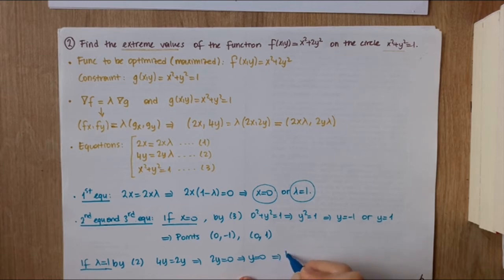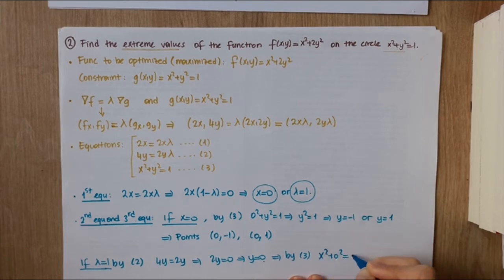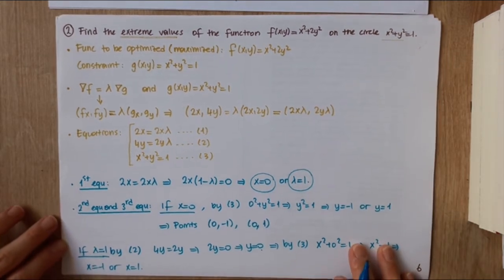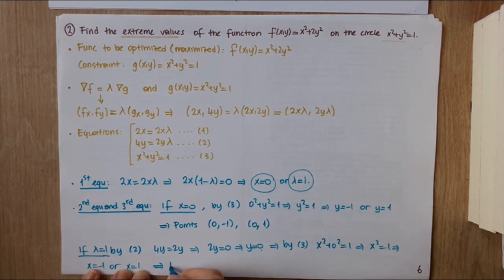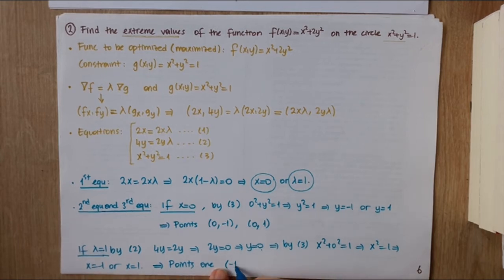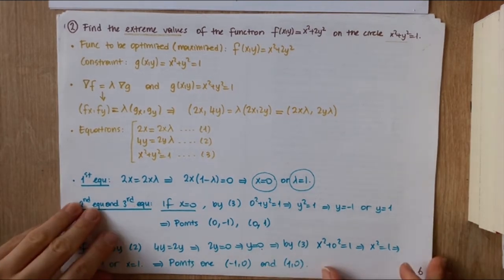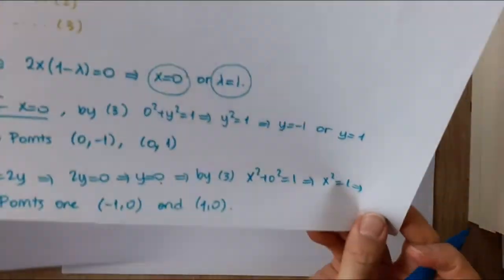If y is 0, I will use the third equation to find x. I have x squared plus 0 squared is 1, so x squared is 1, so x is minus 1 or x is 1. The points are x is minus 1 and y is 0, and x is 1 and y is 0. So we have four different possibilities here.